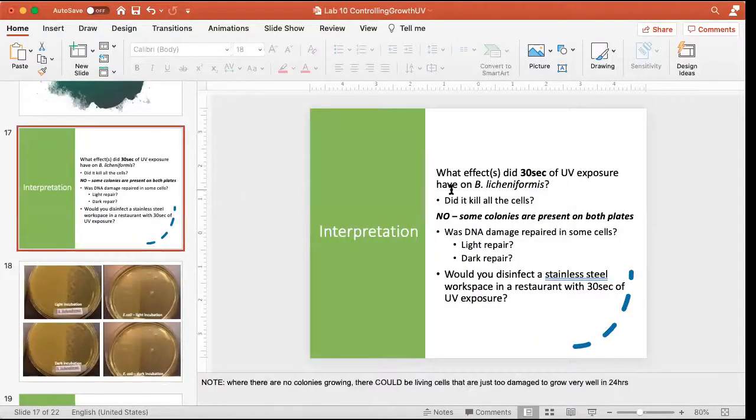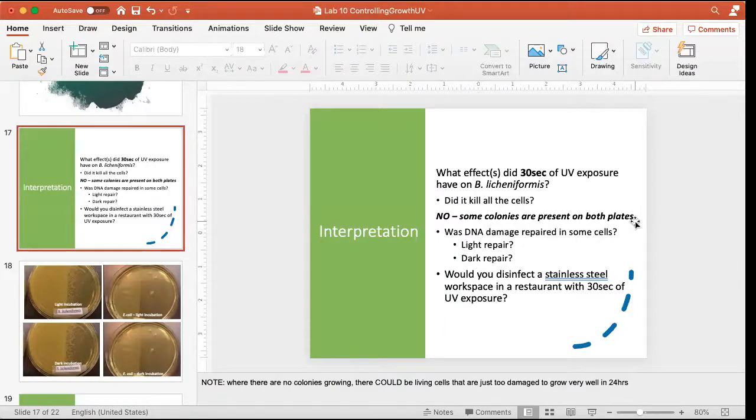What effect did 30 seconds of ultraviolet exposure have on the Bacillus licheniformis cells? Did it kill all the cells? No, it didn't. How do I know? Because I saw some colonies. I saw colonies on both plates, the plates that were in the dark and the plates that were in the light.